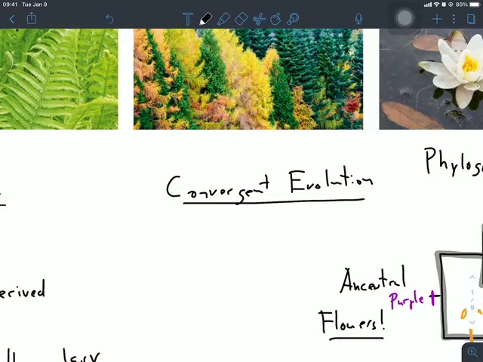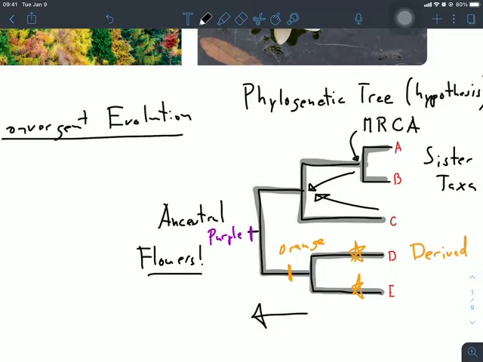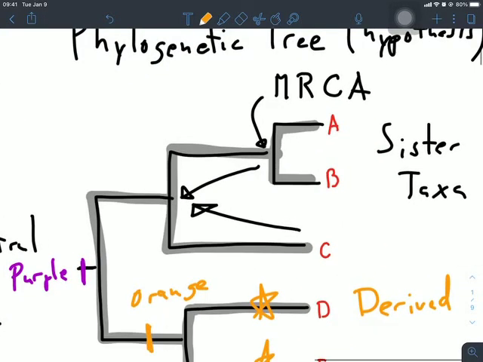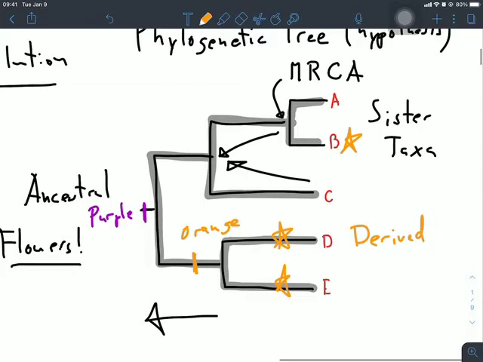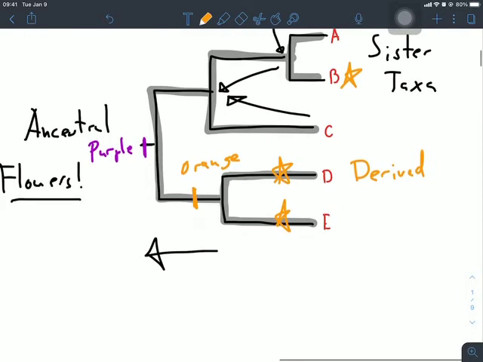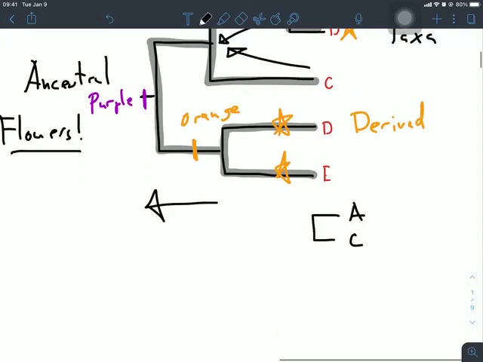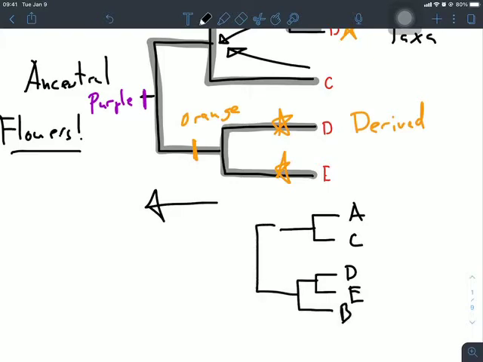This means, in terms of our toy example here, that you may see orange flowers on something like species B. If species B has orange flowers, you may construct a tree whereby the purple A and C are grouped together, and then they share a common ancestor with D and E, and that D and E are closer related to B than they would be to A and C. I'll redraw this line, sorry about that.